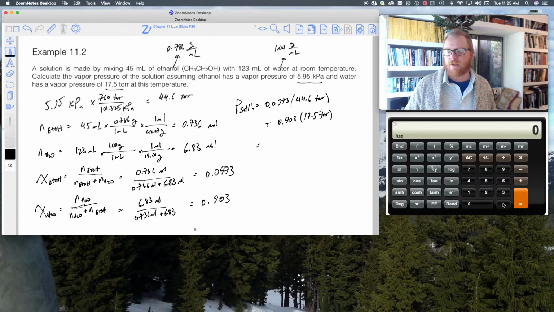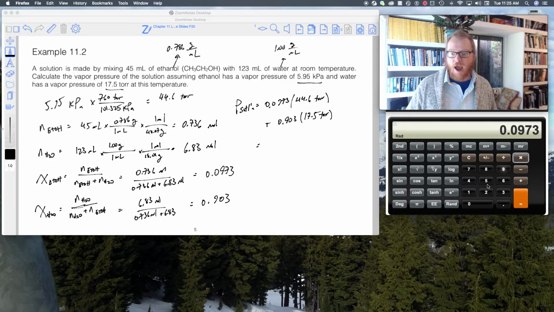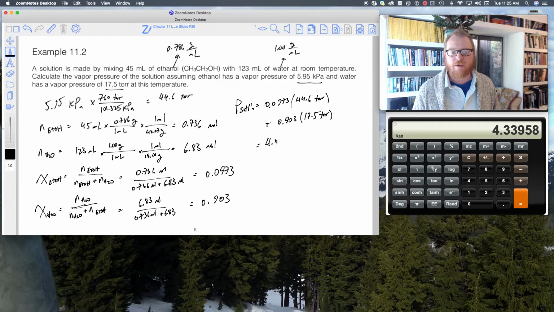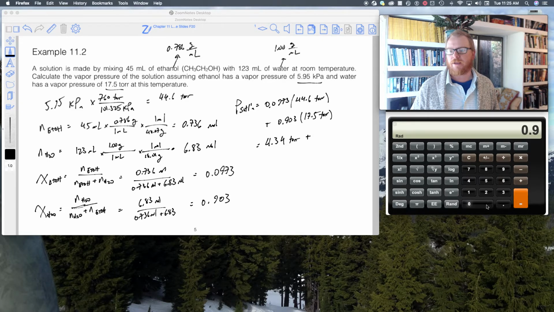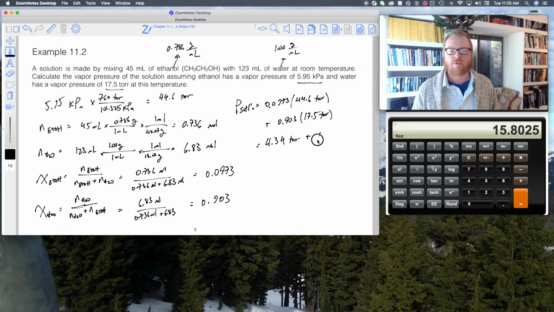So that's going to be 0.0973 times 44.6. Okay. So that's going to be 4.34 torr plus 0.903 times 17.5 equals, and that's 15.8 torr.